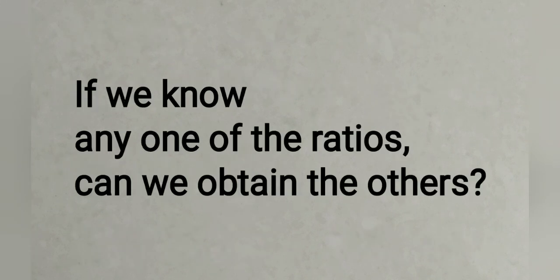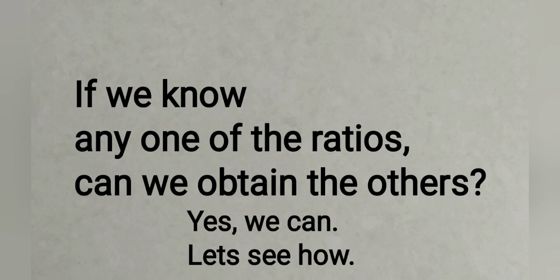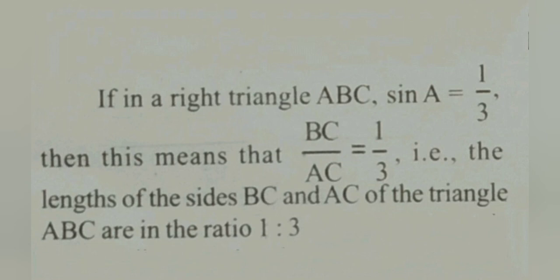If we know any one of the trigonometric ratios, can we obtain the others? Yes, we can. Let's see how. If in a right triangle ABC, sine A is equal to 1 upon 3, then this means that BC upon AC is equal to 1 upon 3.